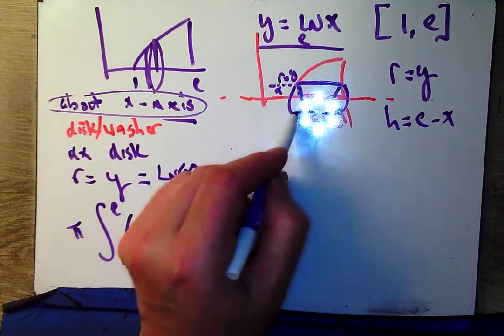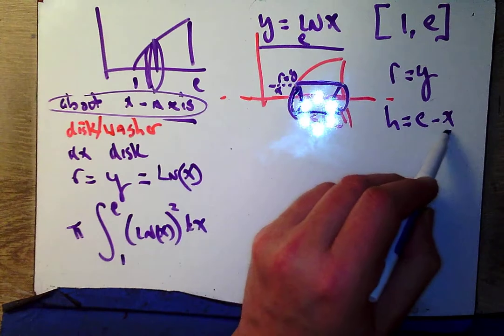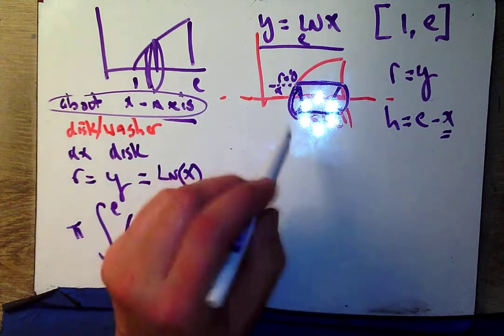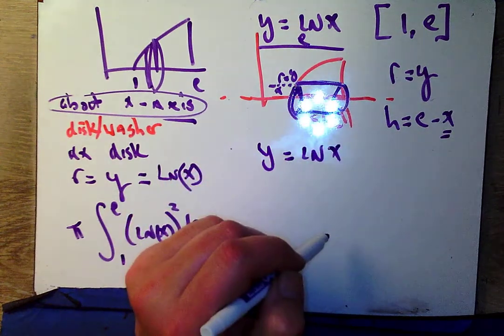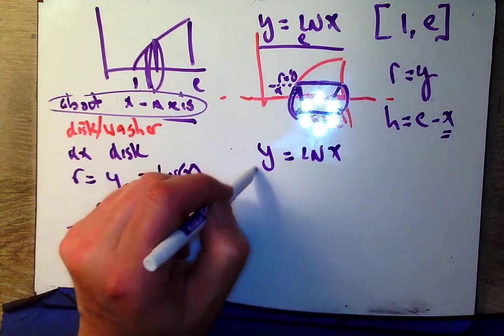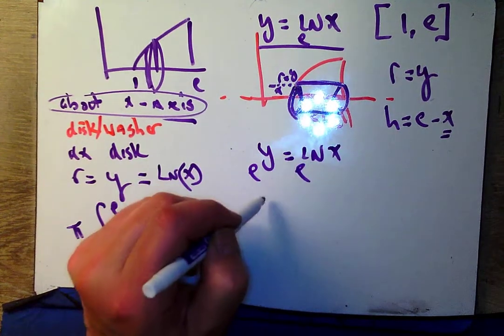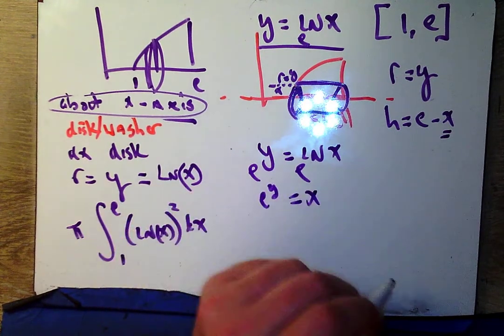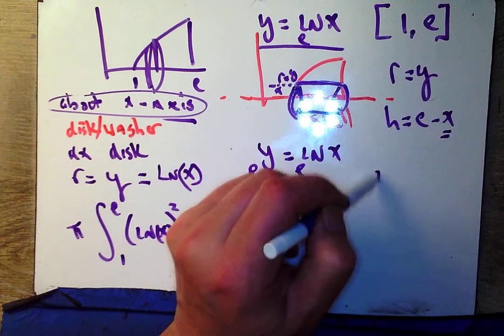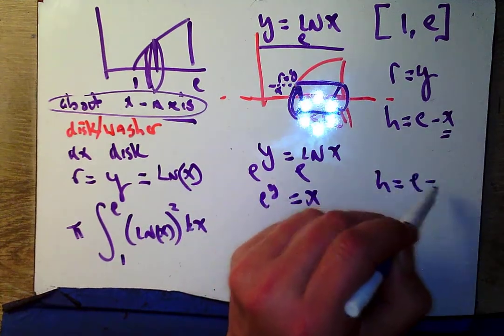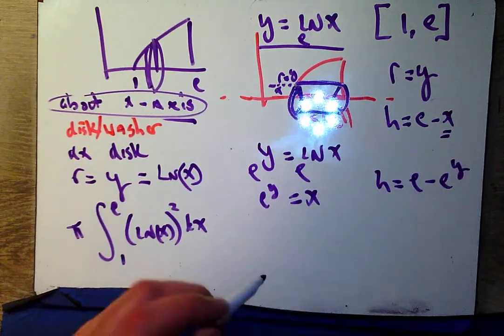Except this is a dy integral, so I've got to get rid of that. Well, I know that y equals ln of x, and I want to get x by itself. So let's exponentiate. e to the y equals x. So then my height will be e minus e to the y.